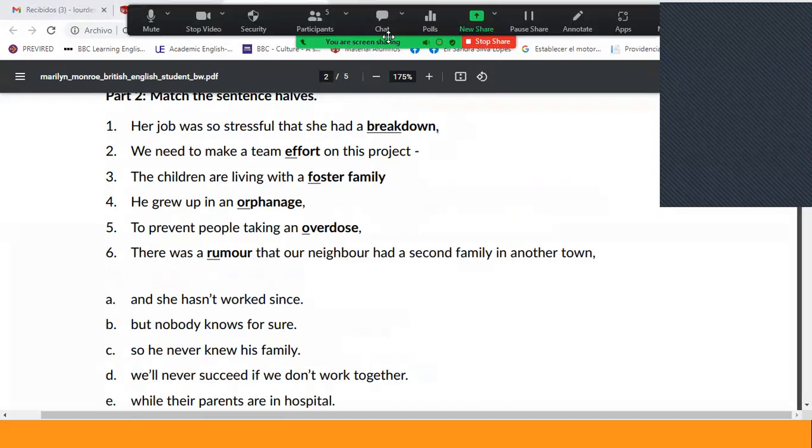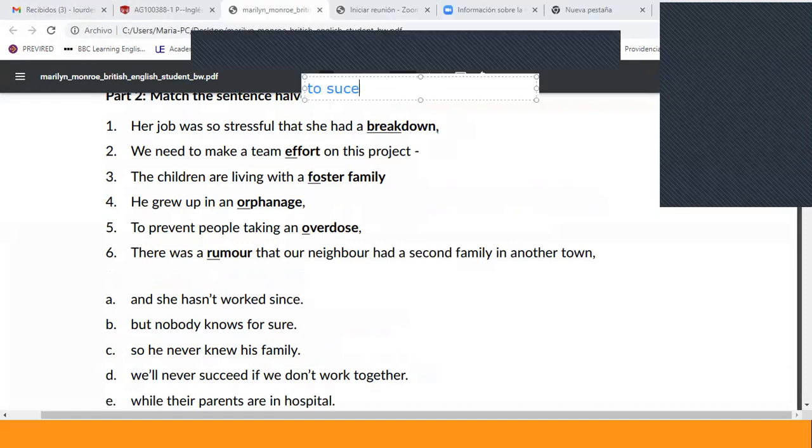Here there is a word that has been repeated twice. One is the verb to succeed. The pronunciation of this is succeed, okay? Tener éxito. And the noun is success.